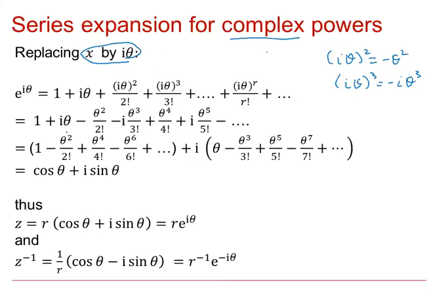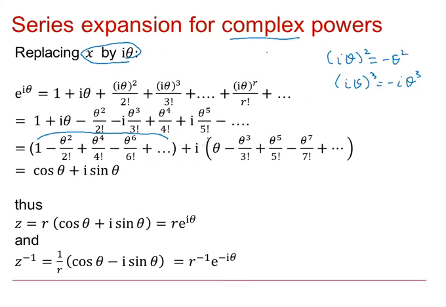Once we've simplified it, you can see that alternate terms still contain the i, where we've done the odd power, and the other alternate terms don't contain the imaginary i because that's where we've done an even power. So i squared has become minus 1. Collecting all the even powers together, all of those are real numbers.